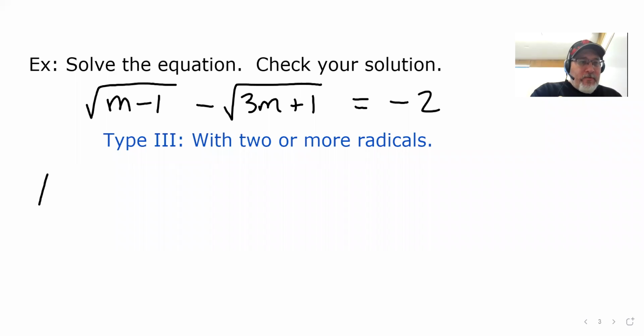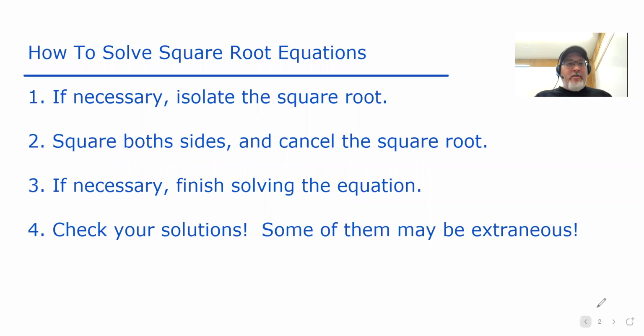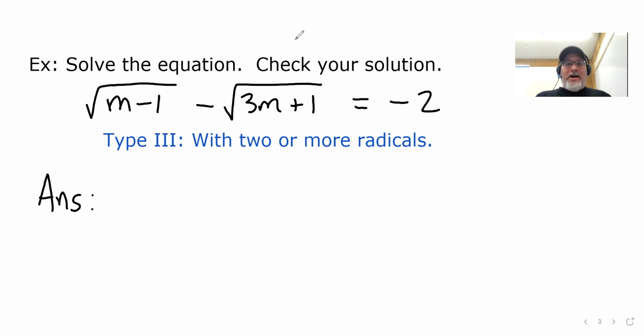All right, so we're going to solve this by doing the exact same thing that we did before, starting with isolating the square root. Now we have a decision to make. If we're going to do the first step, if necessary, isolate the square root, we have to figure out which one we want to isolate first, because now we have to make a choice. Do we want to isolate this square root by moving the other one to the other side?